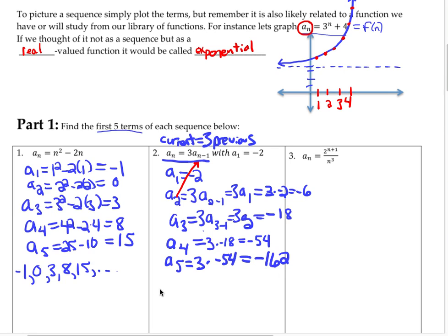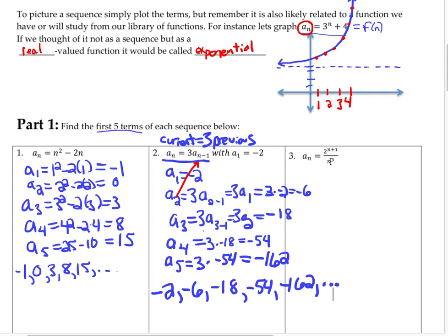So as a list, this sequence is -2, starting to get a little sloppy there, and then we have -6, and then -18, -54, -162, etc.